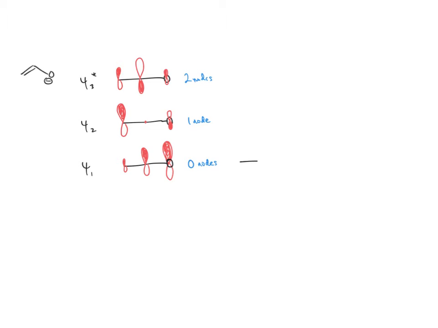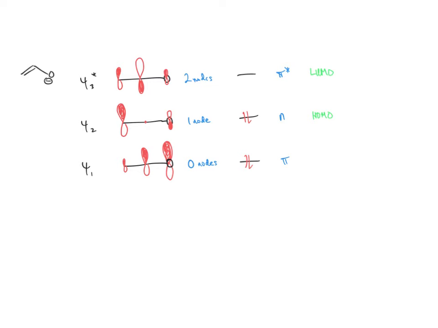If we were to draw electrons in these orbitals, again, we would have 4 electrons total. And so that would be pi, non-bonding level, and then the pi star. And again, we've got the HOMO here and the LUMO.